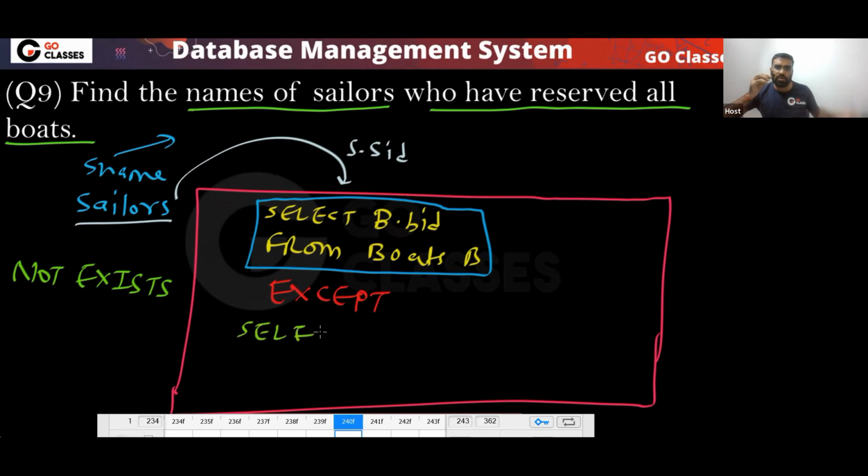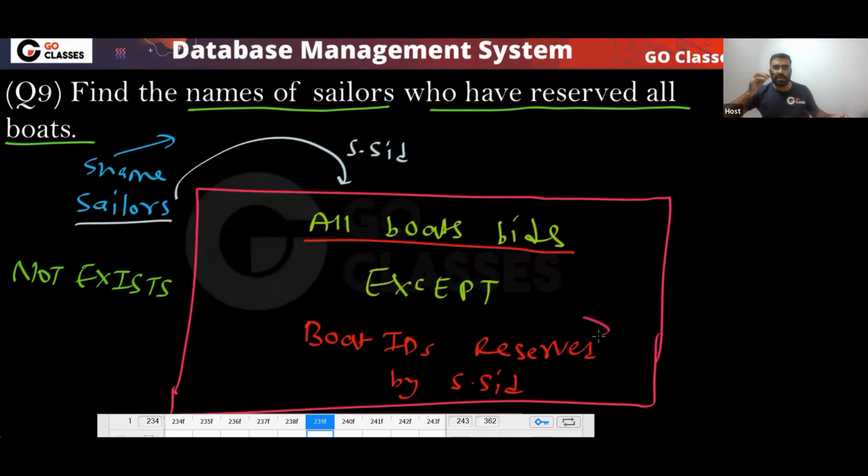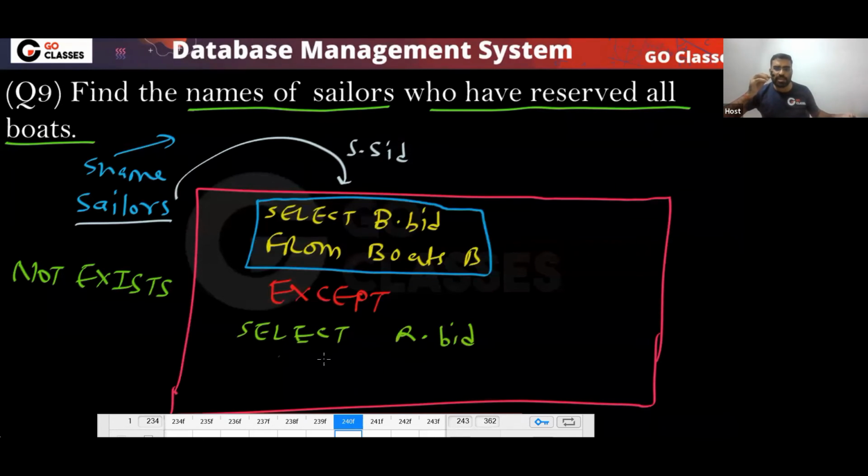So I want to find out, select r.bid from reserves where s.sid equal to r.sid.